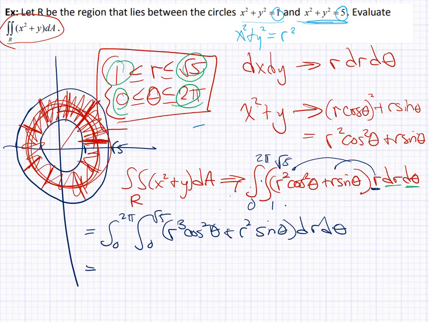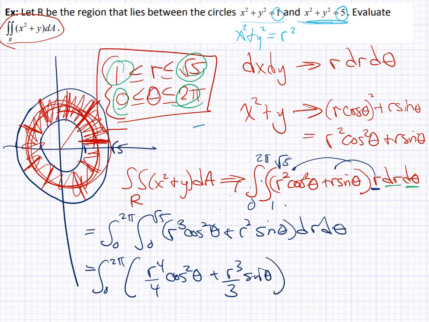Cosine and sine of theta are constant multiples, so 0 to 2 pi will sit. We would get r to the 4th over 4 cosine squared theta plus r to the 3rd over 3 sine theta between 1 and square root of 5. Still have a d theta.